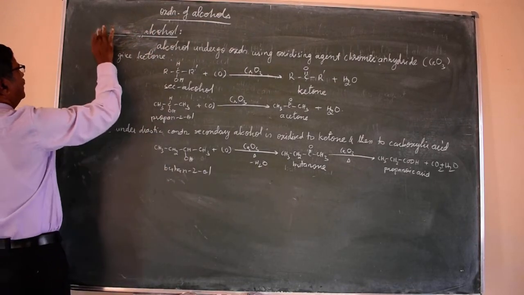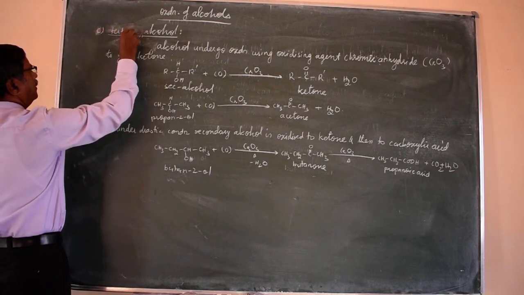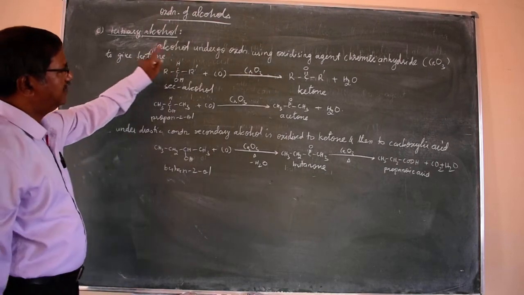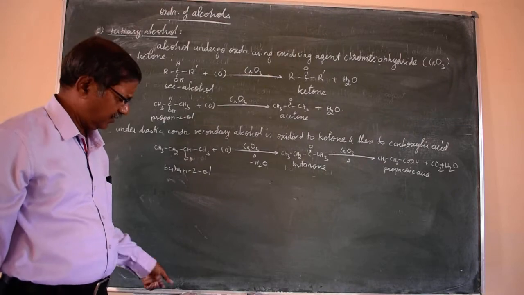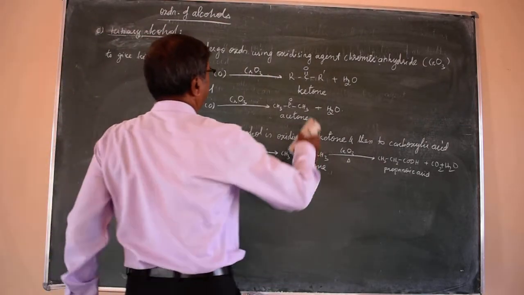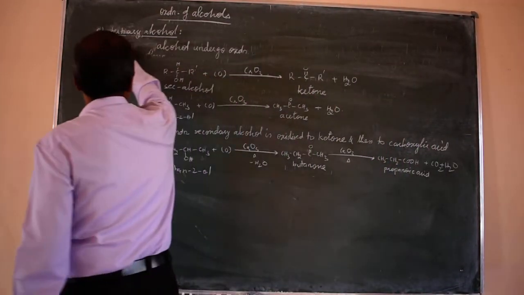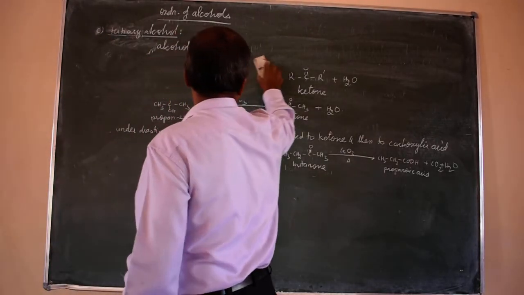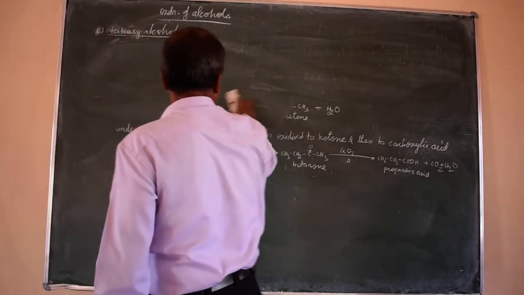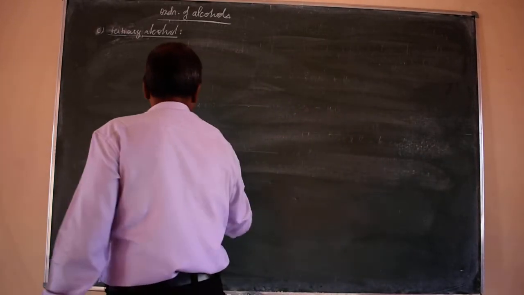It is first oxidized to ketone, then to carboxylic acid which contains a lesser number of carbon atoms.